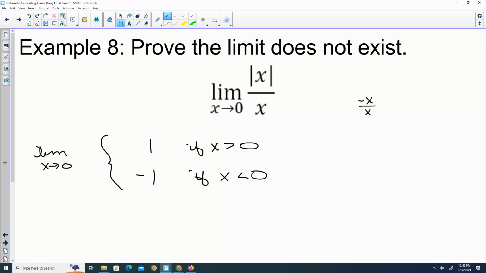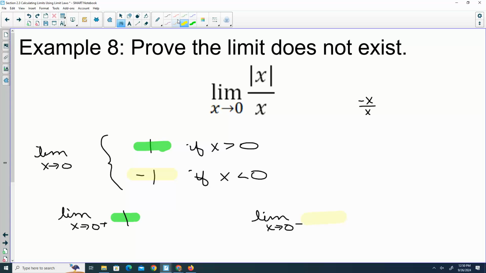All right, so now if I go to do my limits, we have to do 2 separately. So we're going to approach 0 from the right and the left. If I'm approaching from the right, that's bigger than 0, so which piece am I on? The top one. So that's just 1. If I'm approaching from the left, that's less than 0.